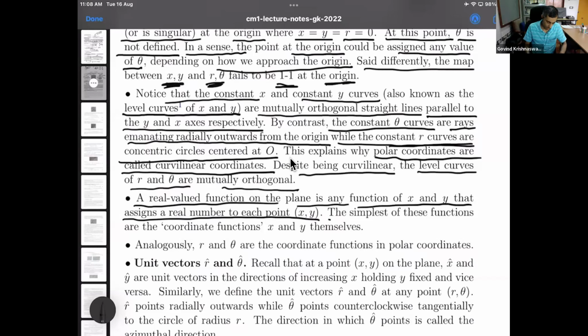Yes. When I say a real valued function, I mean a function of x comma y. It is a function of two variables, but its value is just one real number. So an example of this may be simply x squared plus y squared. Okay, so this is a legitimate function of two variables. Does that address your question?